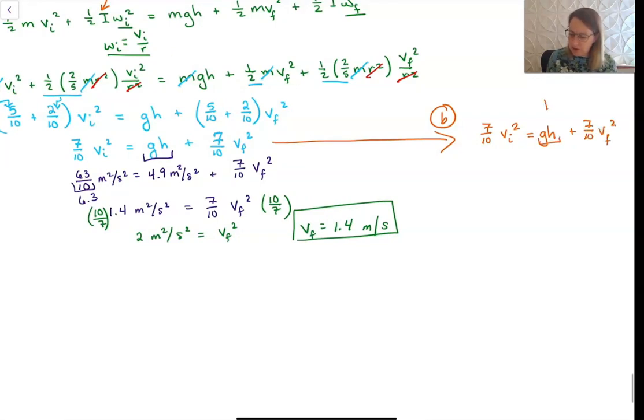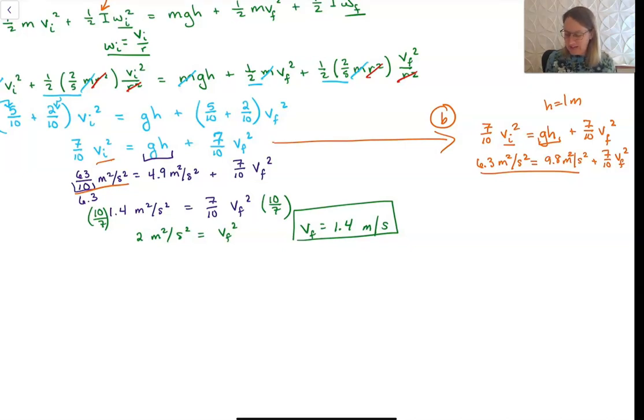Here we're saying h is equal to 1 meter, so this gives me 9.8 meters squared per second squared plus 7/10 v final squared. I have the same initial that I had here, so I would get 6.3 meters squared per second squared. And notice now, if I bring the 9.8 over, I would have a negative, and I can't have v squared being equal to a negative number.